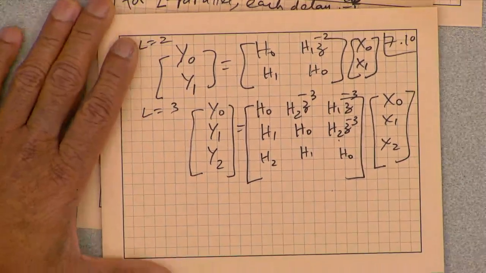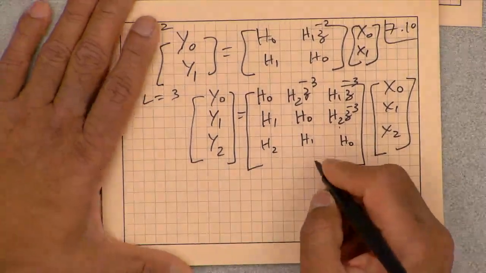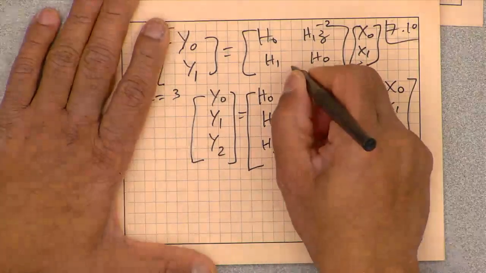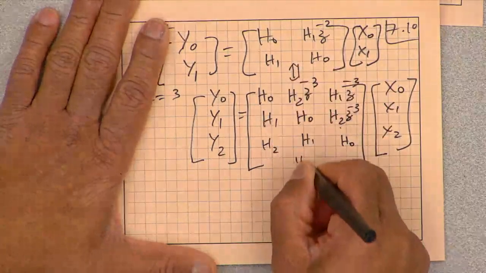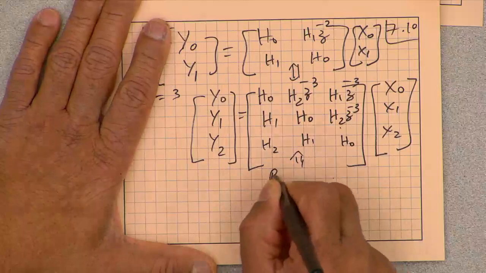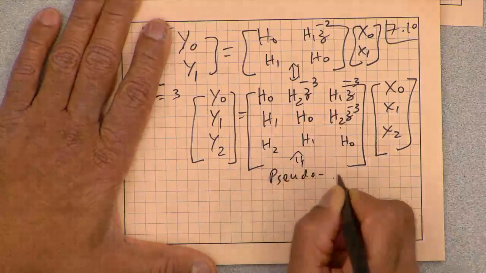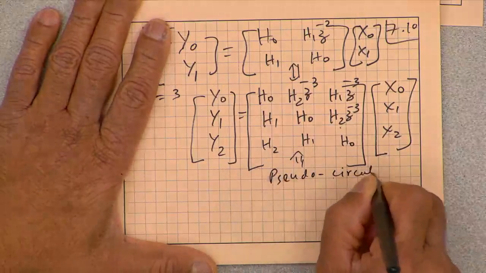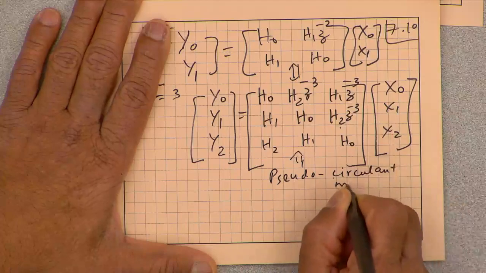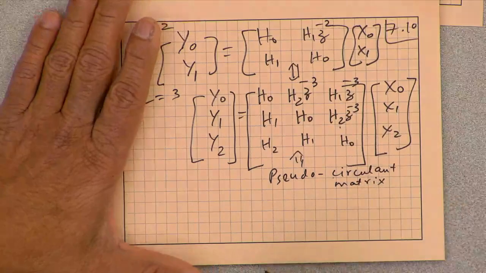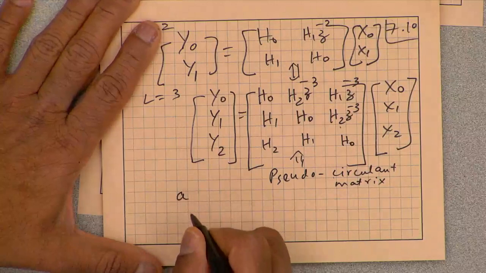All right. So it so happens that these matrices are called pseudo-circulant matrices. Okay, what is a circulant matrix?